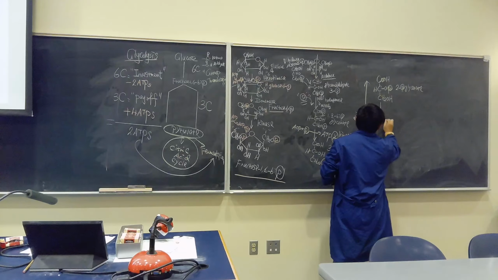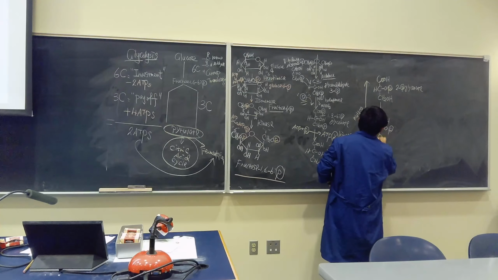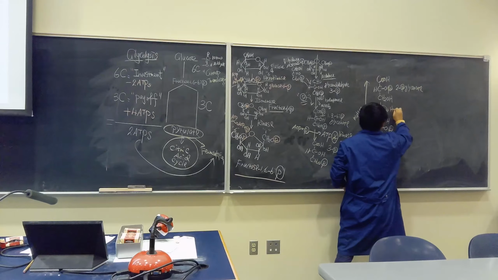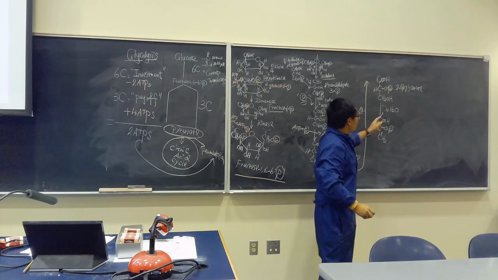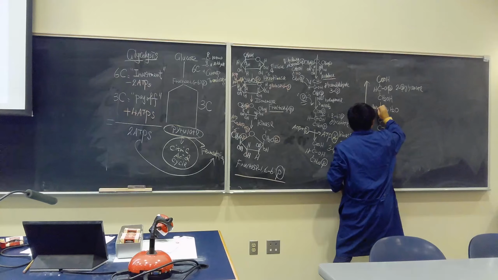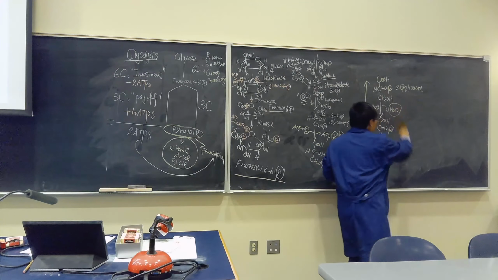Become COH, CO phosphate, CH2 double bonds, lose water. What's the enzyme for this one? Enolase. Enolization process is usually lose water.